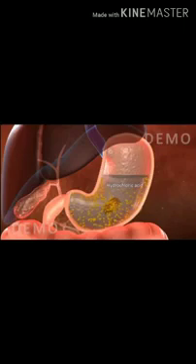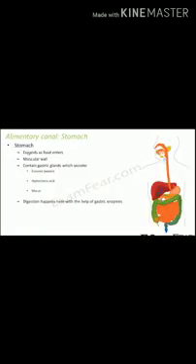The stomach has gastric glands which secretes gastric enzymes which helps in digestion of proteins. It also secretes hydrochloric acid which makes the medium acidic so that the gastric enzymes can actually become active. So these gastric enzymes like pepsin are not active in alkaline medium. So they want medium to be acid.